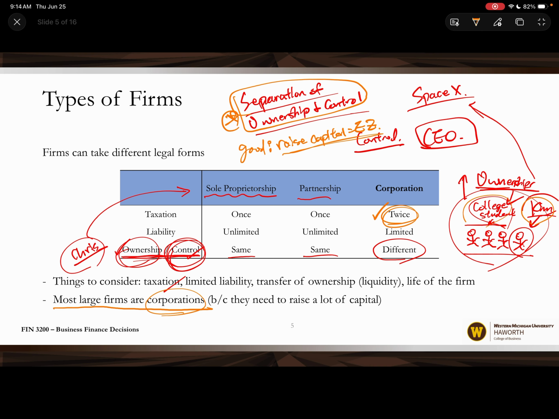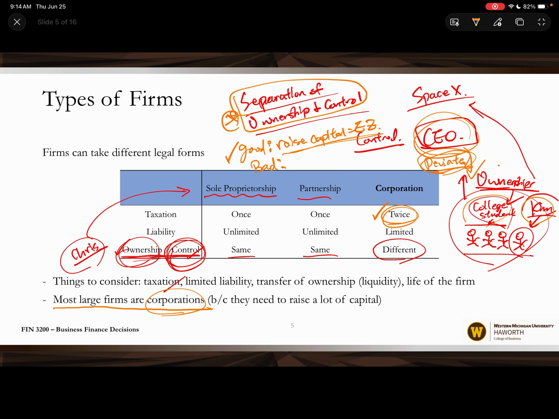So the separation of ownership and control is a good thing in this sense, but it is also bad in some aspects. And the main thing, which we'll talk about soon, is that the CEOs, who are supposed to do their best to maximize the wealth of the shareholders, sometimes deviate from what they're supposed to do.